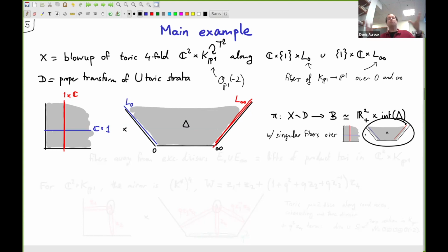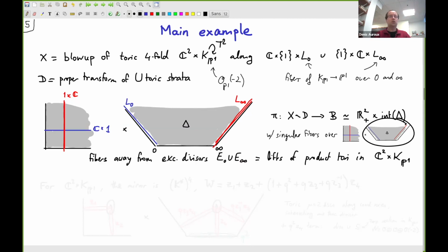So it's still like product tori, but where you fix the moment map in the last 2 factors and you fix the actual norm of the coordinate in the first 2 factors. Away from the exceptional divisors of a blowup, these are just lifts of product tori. So let's mostly ignore the exceptional divisors, except where we need to remember them. Think of these as product tori, just lifted to a blowup.